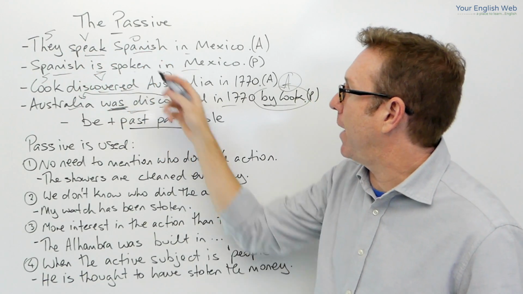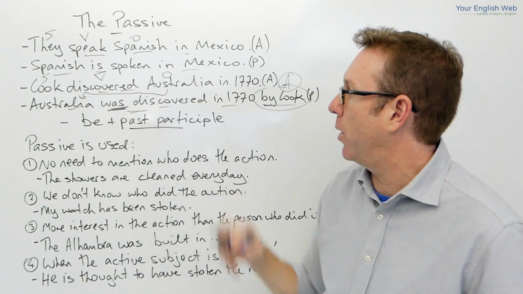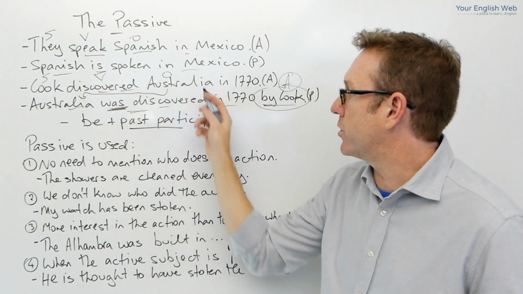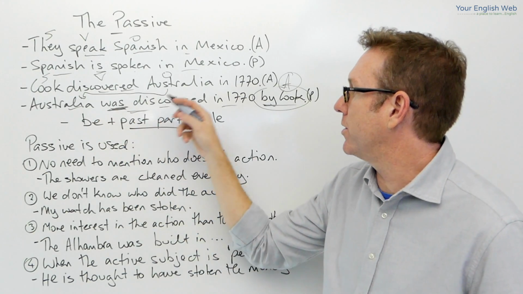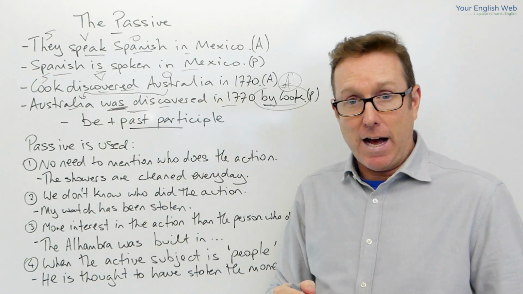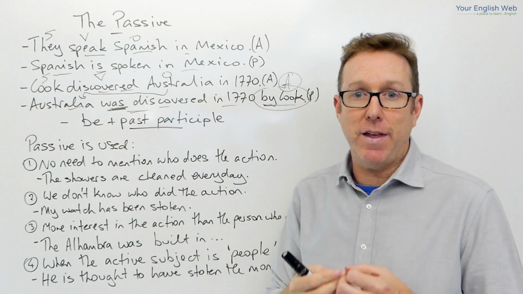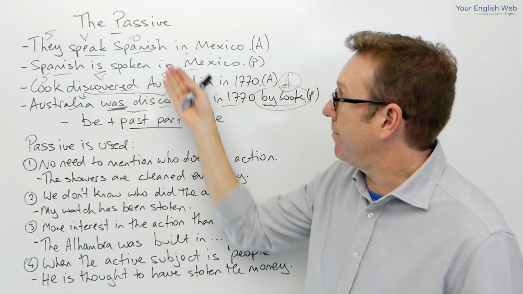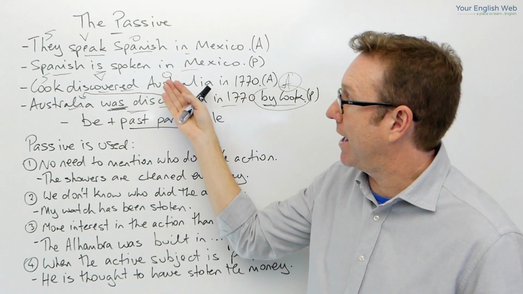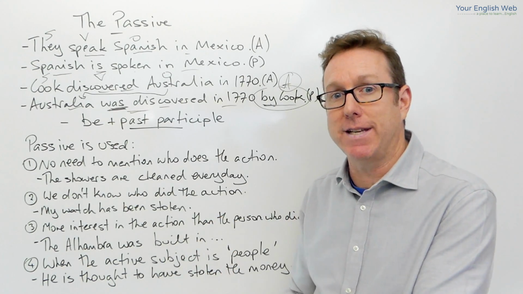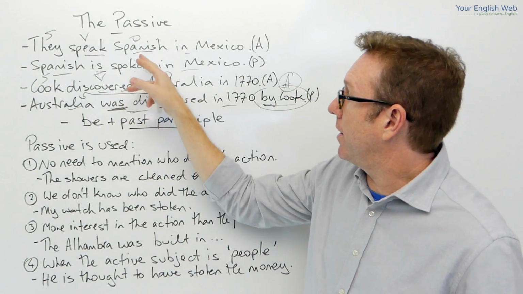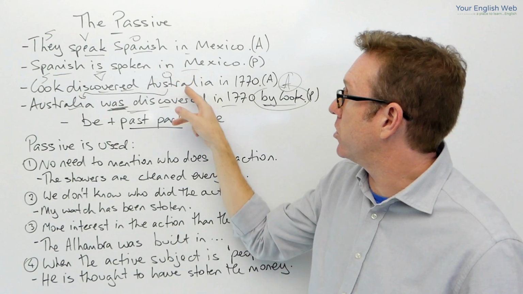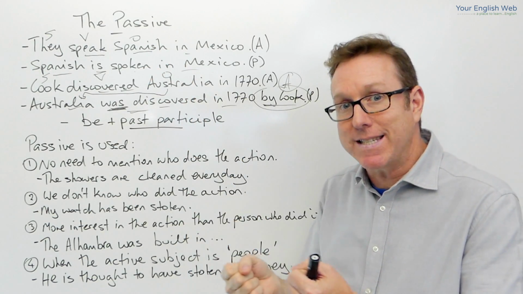So "they speak Spanish" becomes "Spanish is spoken." "Cook discovered Australia" becomes "Australia was discovered." Now, basically what it is that the receiver in the sentence becomes the active part of the sentence, okay? So in this case, Australia and Spanish are the receivers.